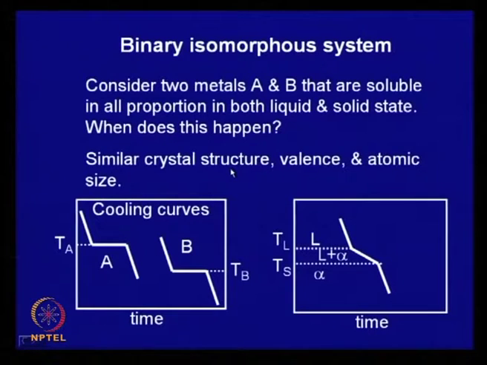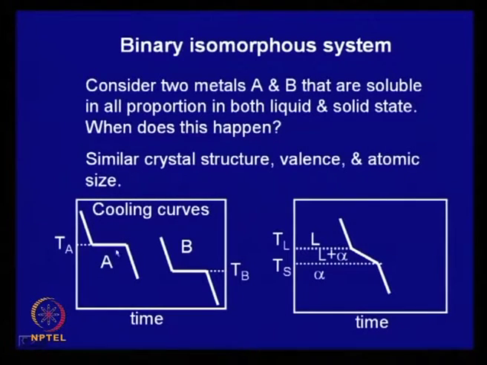Now, let us consider an ideal case of two metals which are soluble in both liquid and solid state in all proportion. We learnt about thermal analysis, and this is a powerful tool in determining the transformation processes in alloys. Let us look at the typical cooling curve of pure metal A. Here it is liquid, and as you start cooling, solidification begins at this temperature, and after a certain time, when solidification is complete, it again starts cooling down.